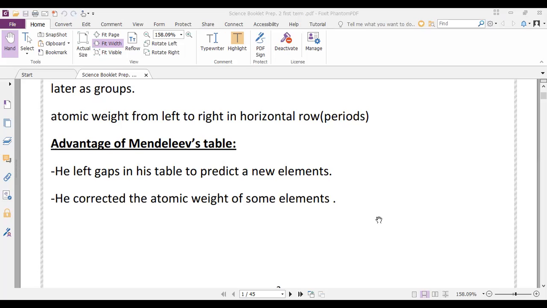Number two, he corrected the atomic weight of some elements. Okay. Can you hear me? Yeah. Okay. So these are the advantages of Mendeleev's table.